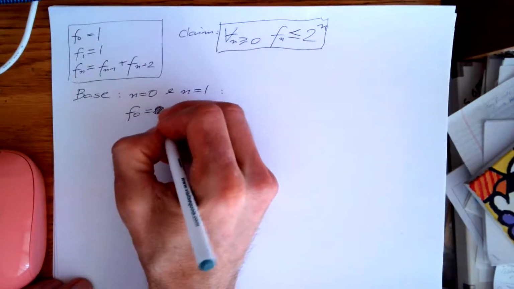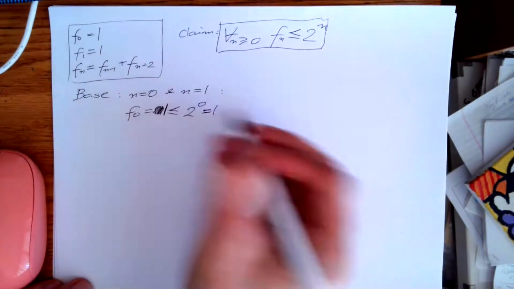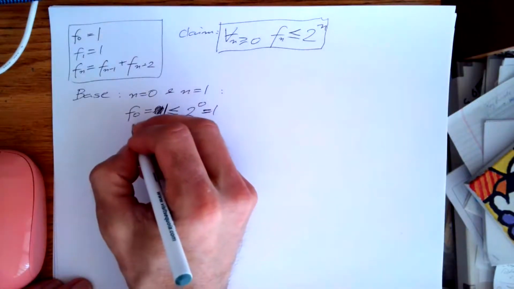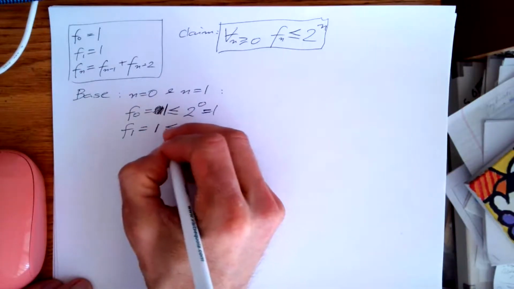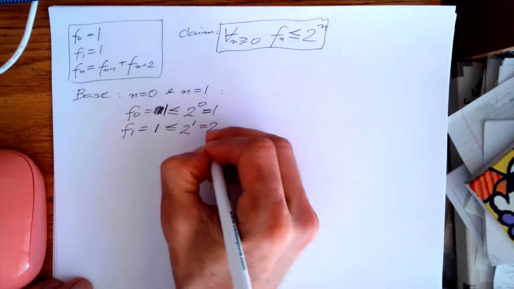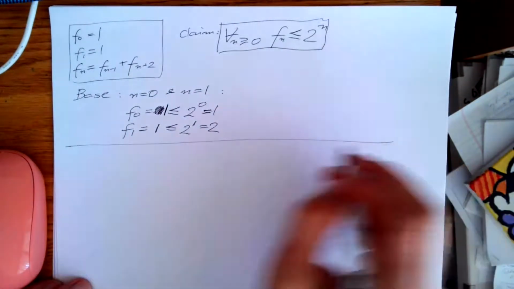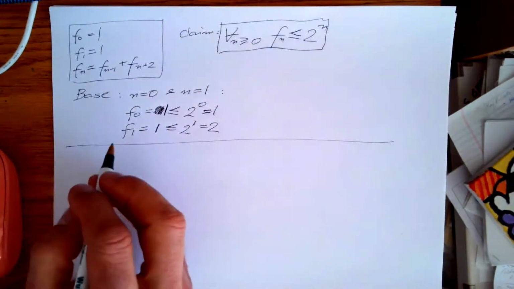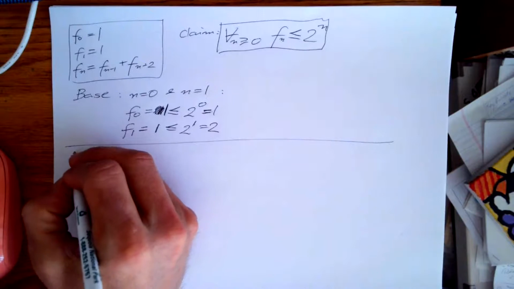F1 is 1, which is upper bounded by 2 to the 1, which is 2. Believe me that you need both of these in the base case, and let's see why in a second.